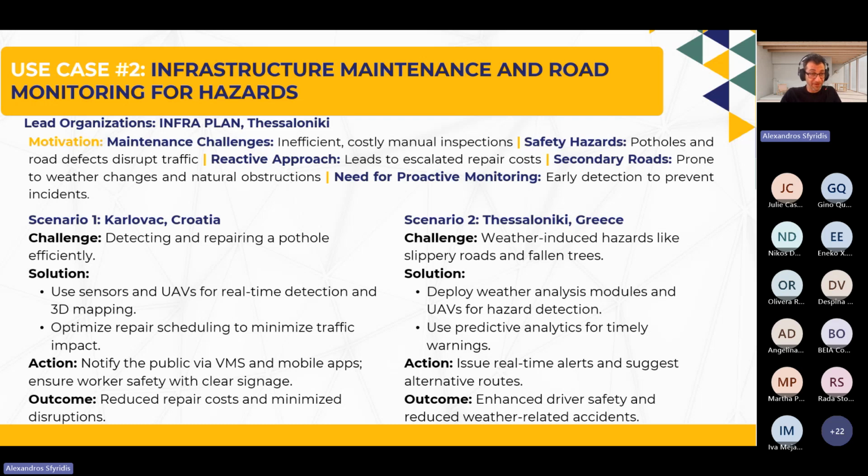So we have the first scenario in Karlovac in Croatia, where the focus is on infrastructure maintenance, where with the use of UAVs, we're looking to provide the 3D structural defect representation to actually save time and assessment costs when trying to assess the damage of the street.